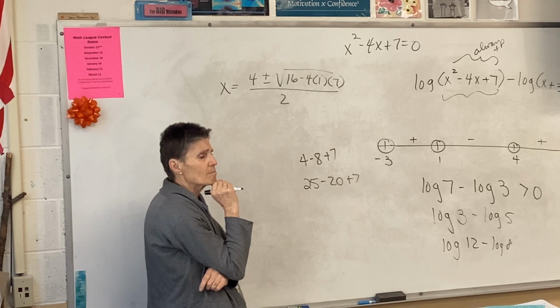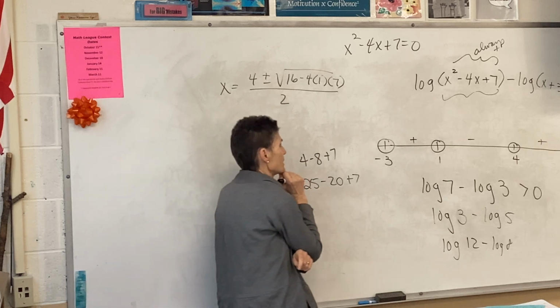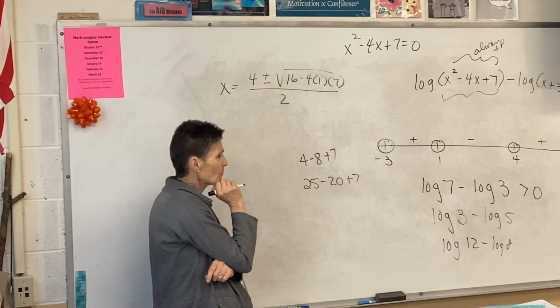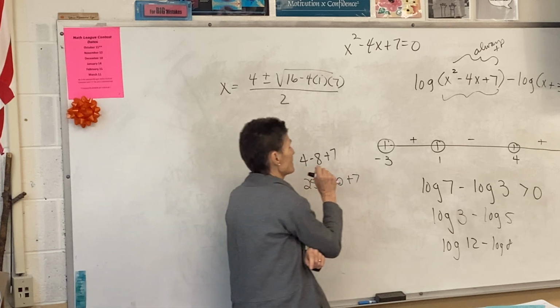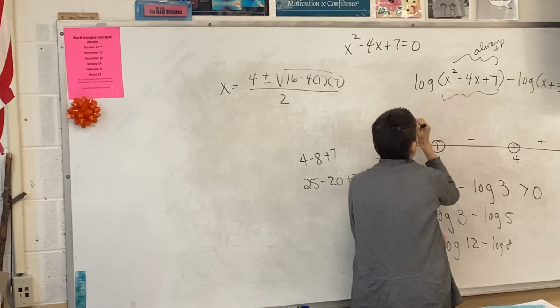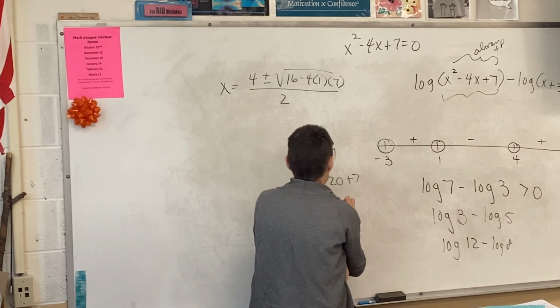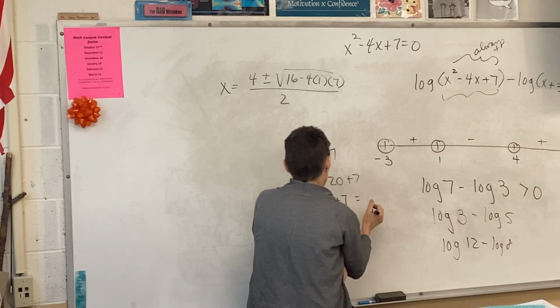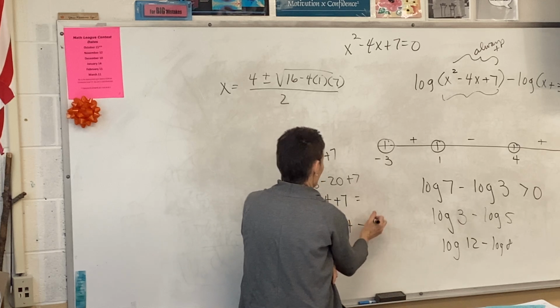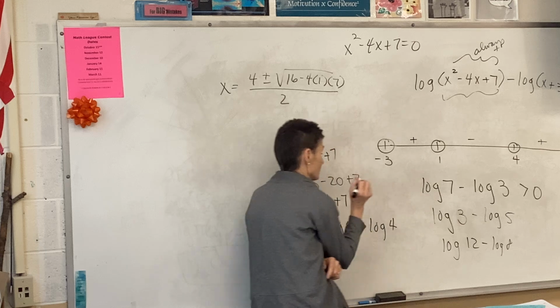Let's put 1 in. I'm a little curious as to whether that dot should be colored in or not. I don't think it should be. Let's put 1 in and see what happens. If we put in 1, what do we get? Log 4 minus log 4.